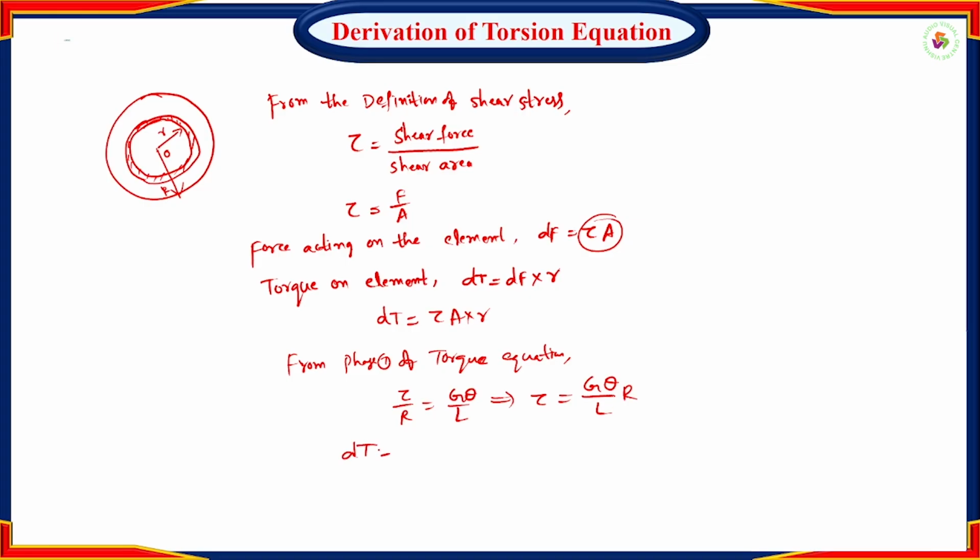Now dT will be G theta by L into R into area into r. Now for smaller distances, for a smaller radius of the element, we can replace capital R with small r.